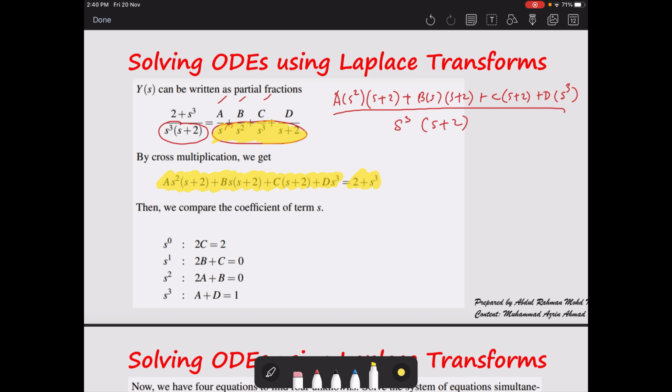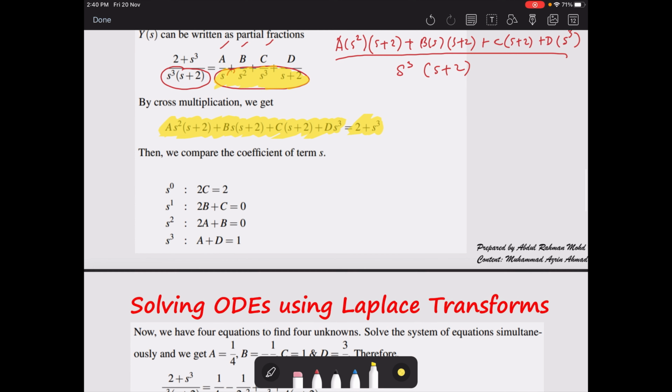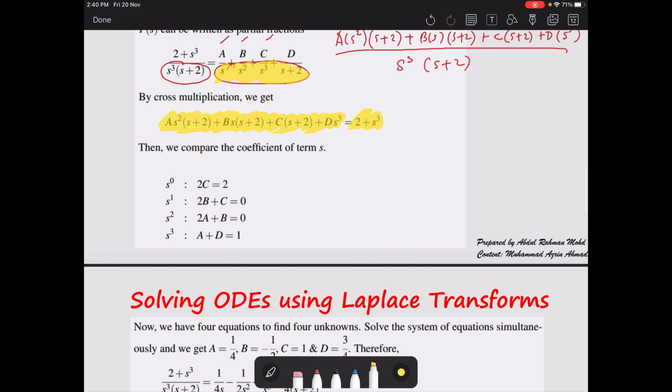What you need to do is match the coefficients of the left hand side and the right hand side to find the values of A, B, C, and D. You may start with s cubed first, or you can start with s power of 0. It doesn't matter, you will finally get a similar answer.